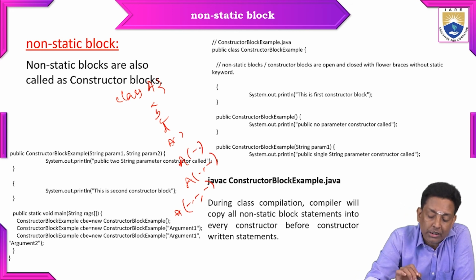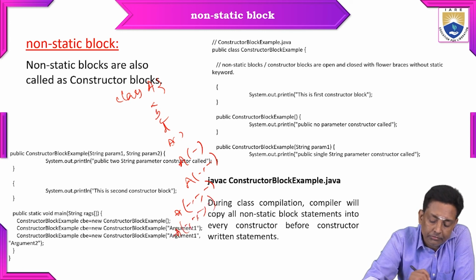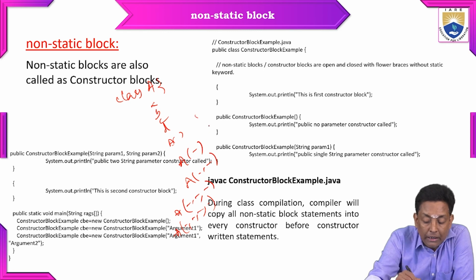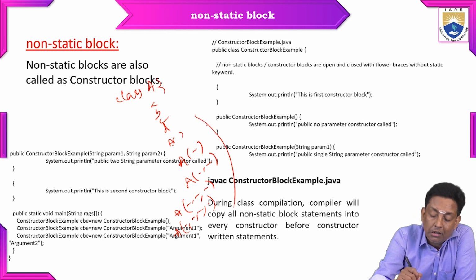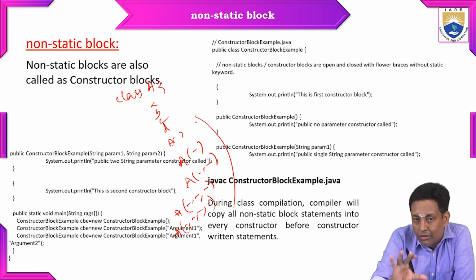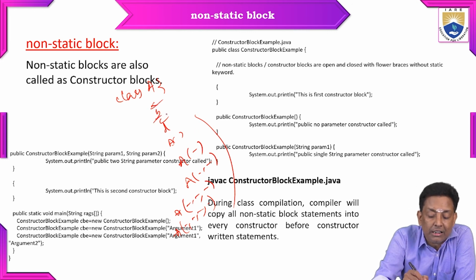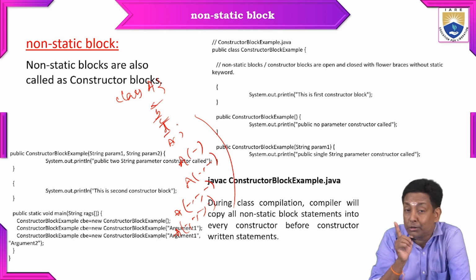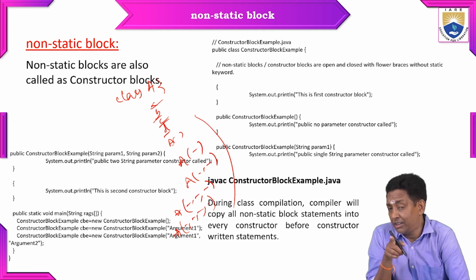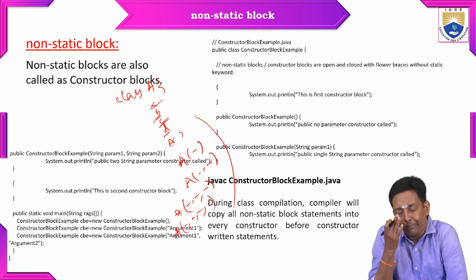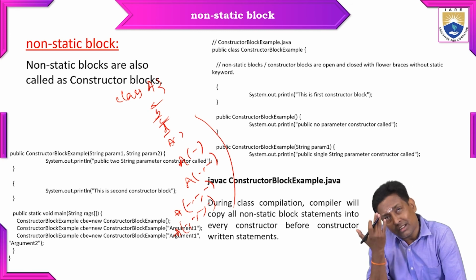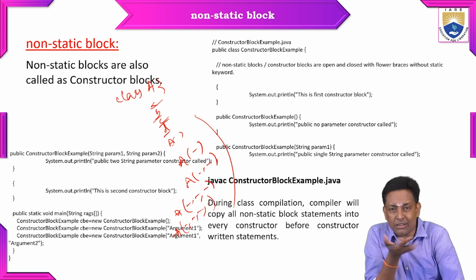One no-parameter, one single-parameter, one two-parameter, one three-parameter, one four-parameter constructor. The class has multiple constructors. But what is the main job we do in the constructors? In the constructor, we initialize class instance variables. Class instance variables means non-static variables are initialized in the constructor. Static variables can be initialized at the time of declaration itself or in the static block.